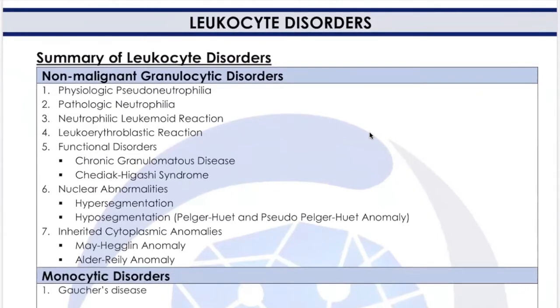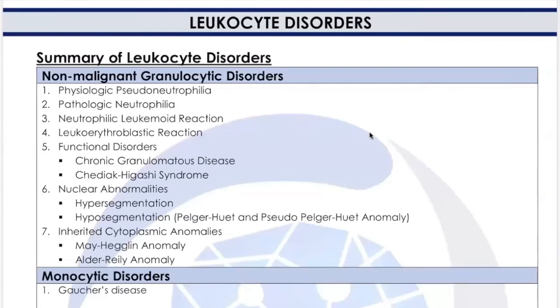So first, I'll just point out the important things that we have to take note of with regards to these non-malignant granulocytic disorders, because our focus or highlight for this discussion would be the malignant ones.